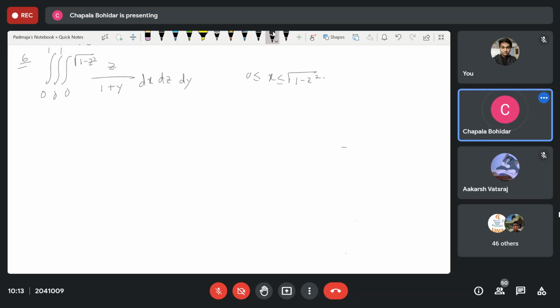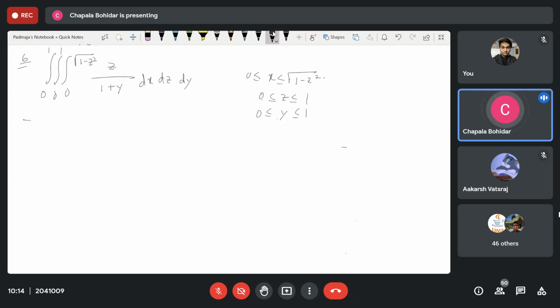Then z lies in between 0 and 1, and y lies in between 0 and 1. Your surface is x on the positive side of the x-axis, and your plane is the yz plane. Okay, so now you do it. What will I get?